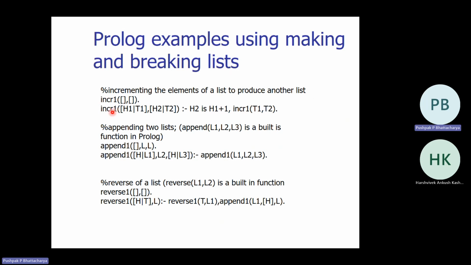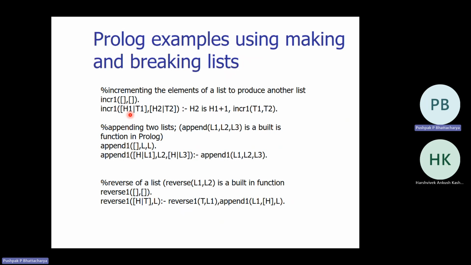So I write this expression here. Increment by 1 of the empty list is the empty list. Increment by 1 of a list can be found as follows. You take the first list and break it into two parts, H1 and T1, and obtain the result in the second list, which is the second argument of increment by 1.